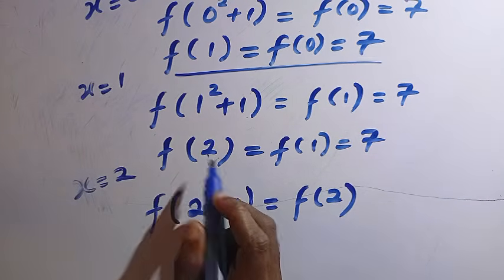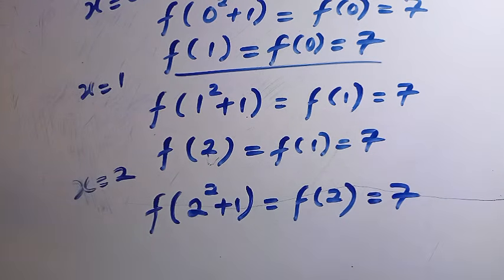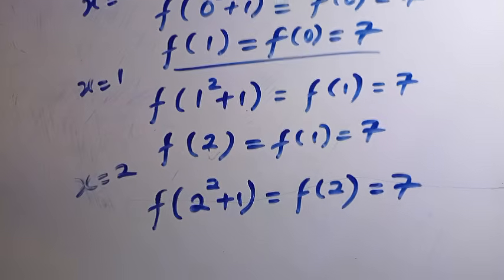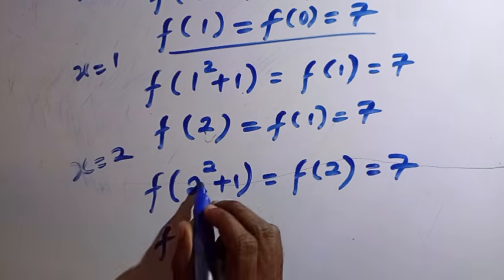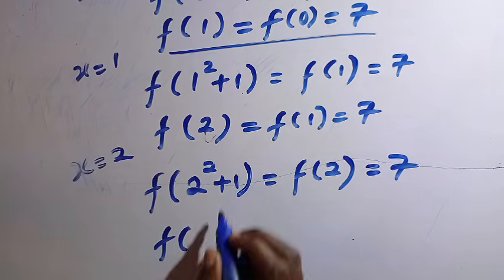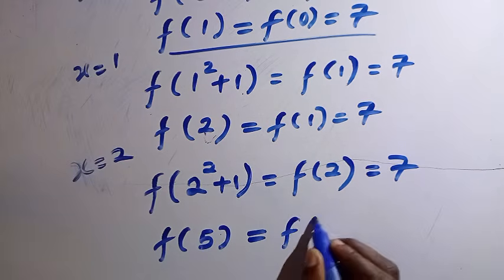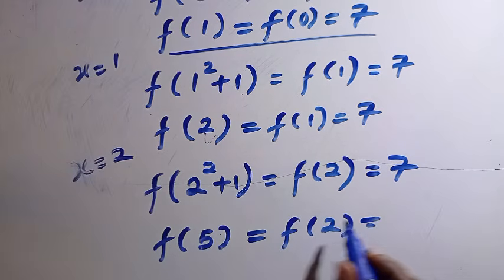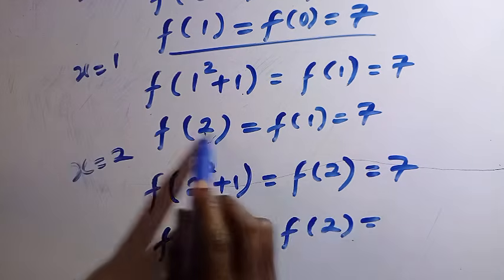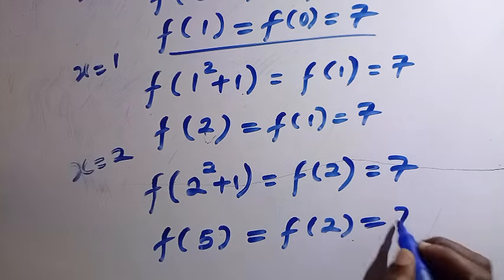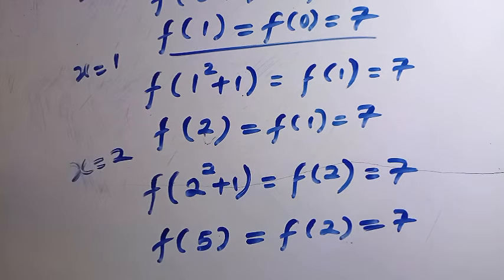But f of 2 is given as 7. So 2 squared is 4, and 4 plus 1 gives us 5. So f of 5 equals f of 2, which is 7. From all we got, f of 0 equals f of 1 equals f of 2 equals f of 5.